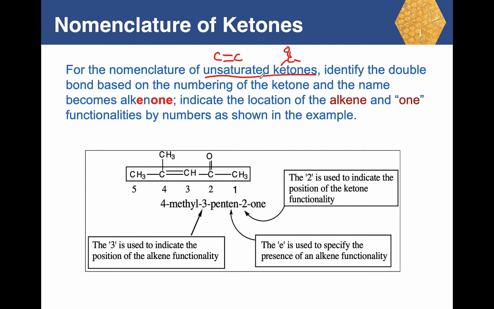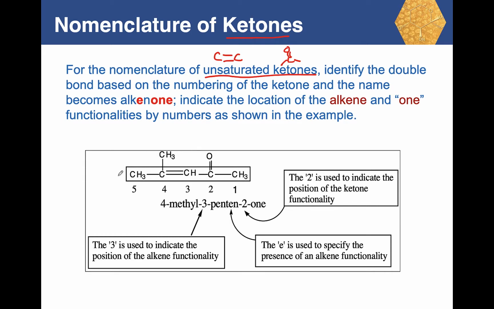So, as you can imagine, the ketone takes priority over the carbon-carbon double bond, but we'll have to indicate the position of the ketone and the position of the carbon-carbon double bond. But first, you'll have to recognize the molecule to be a ketone. So let us look at this example.